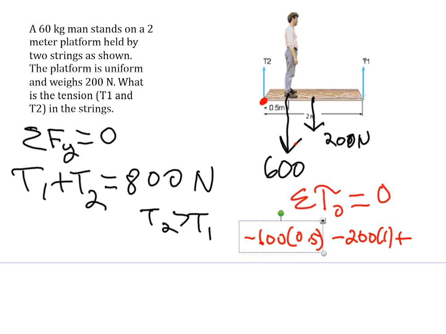Plus, this T1 exerts a torque in the opposite direction. These are counterclockwise so they're negative, and T1 is clockwise so it will be positive: minus 600 times 0.5, minus 200 times 1, plus T1 times 2, equals zero.